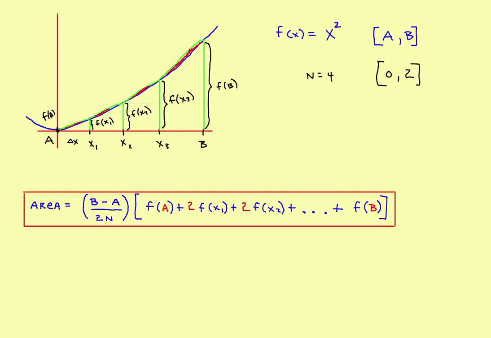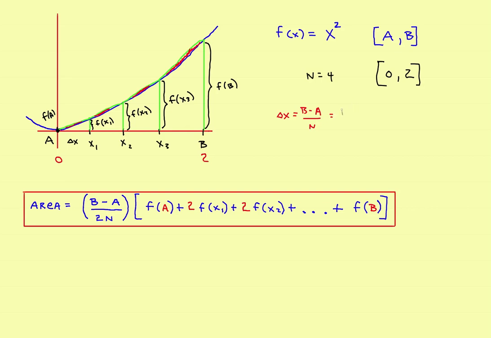So on our particular problem, I think I'll put them in red here. I'm going to go from a is equal to 0, b is equal to 2. Now, if we divide these up into 4 equal size intervals, and again, use your little formula, let's find the width of each one. So delta x would be equal to b minus a divided by n.